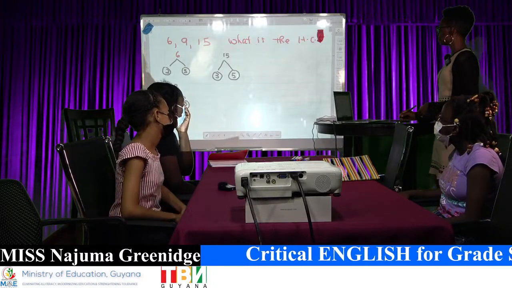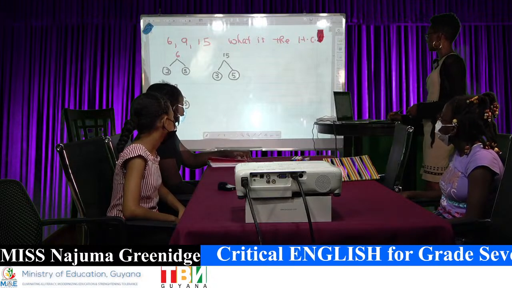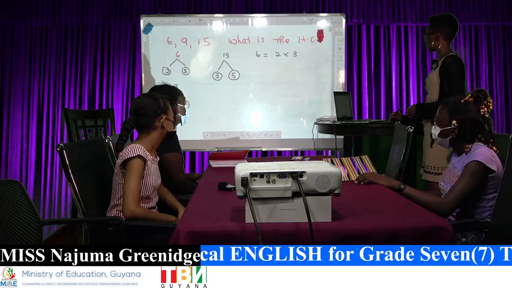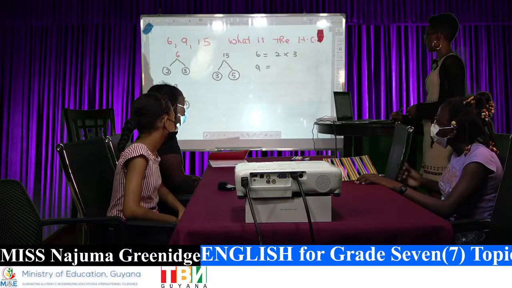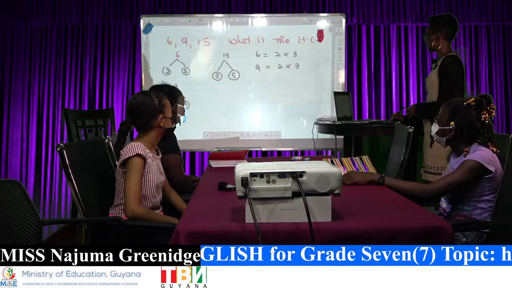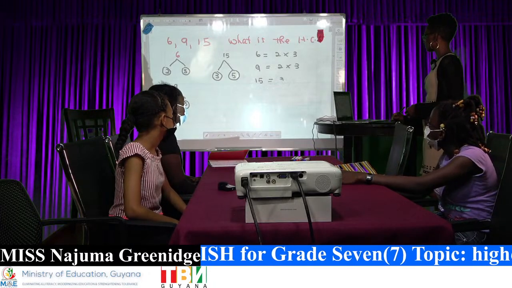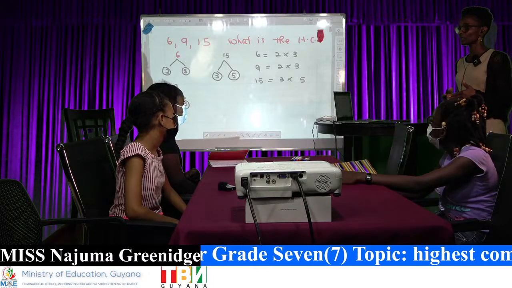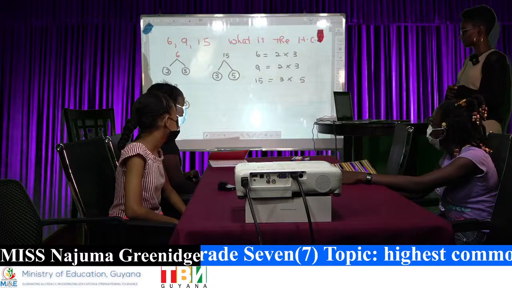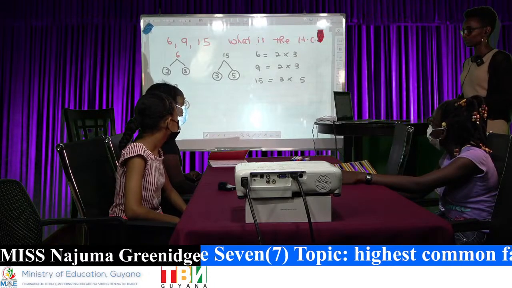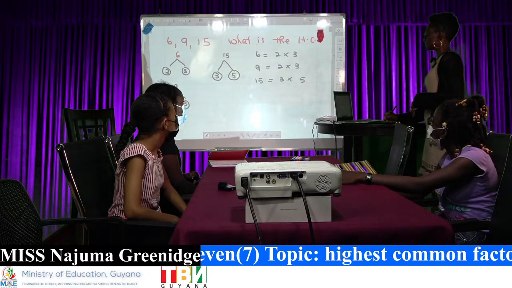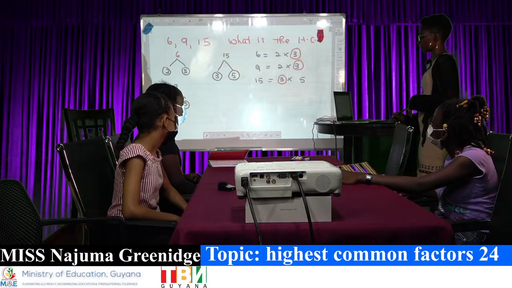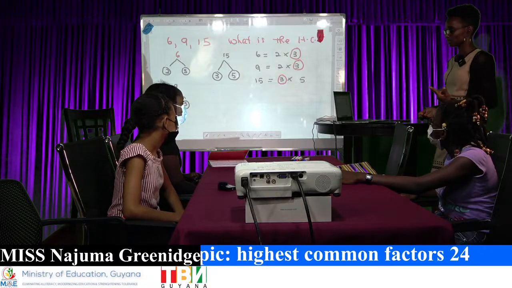So you would write each prime factor down for each number. 6, 2 times 3. 9, 3 times 3. And 15 would be 3 times 5. So then you look for the common among the three numbers. So which number is common to the three numbers? 3. Exactly. So we have 3 here, 3 here, and we also have it here. And then again, you account for it once.